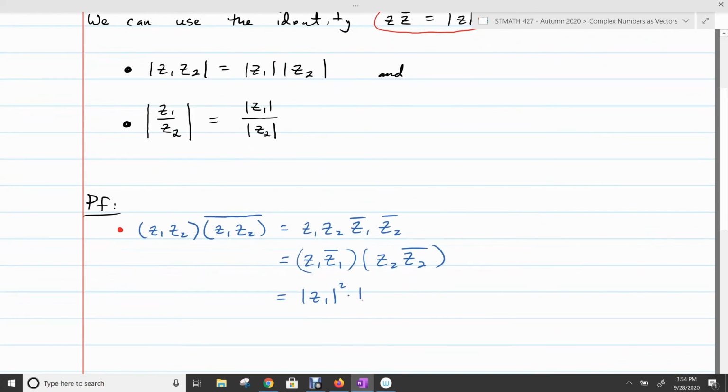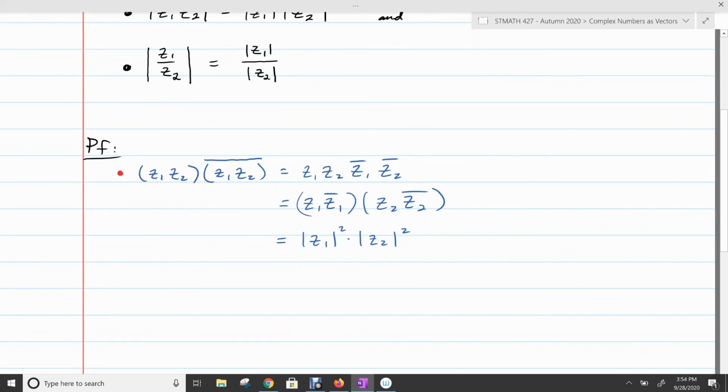times modulus z2 squared. But at the very beginning, what is that really equal to? If I take z1 z2 as a single thing and multiply it times the conjugate of the same thing, that's really just modulus of z1 z2, whole thing squared.